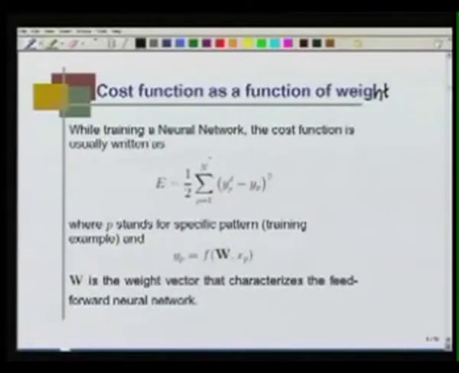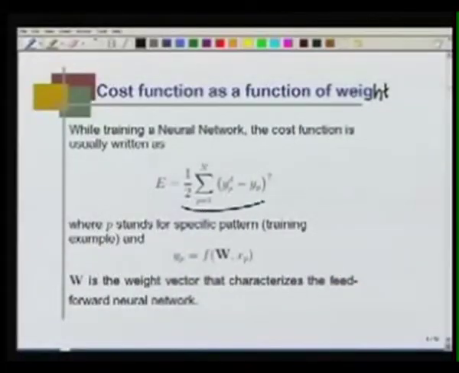So, if I have n patterns, then the total error, the square of the error, should be minimized. This is a quadratic cost function, but not necessarily do we go for this function, but usually researchers use this type of function.